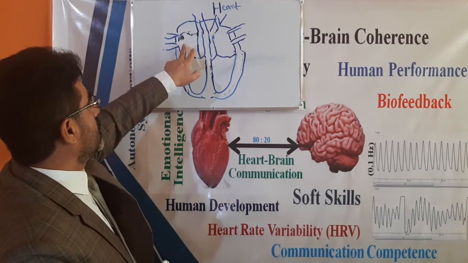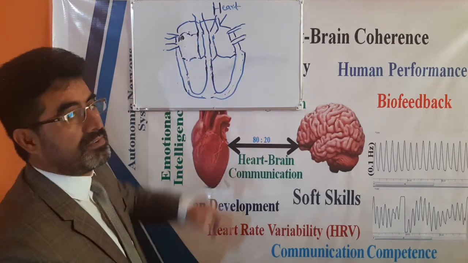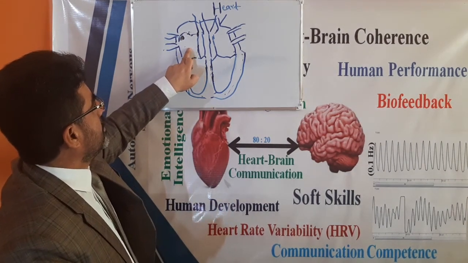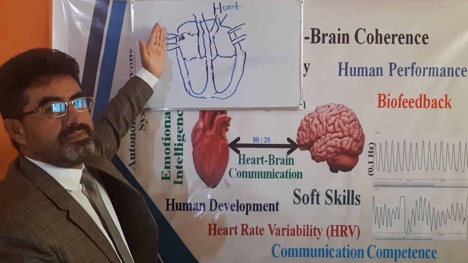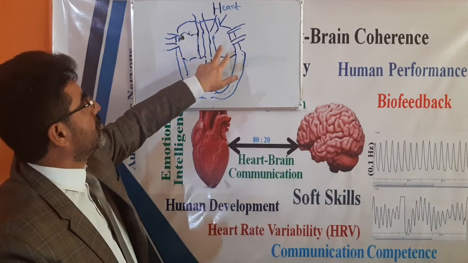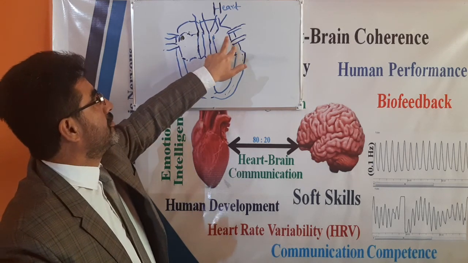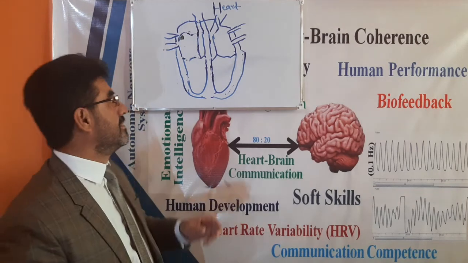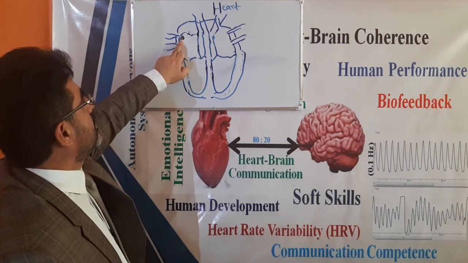When both atria, left and right, are full of blood, the right atrium full of deoxygenated blood that came from our body through the superior and inferior vena cavas, and the left atrium full of oxygenated blood that came from our lungs through the pulmonary veins, then impulses start from our SA node, the main pacemaker.